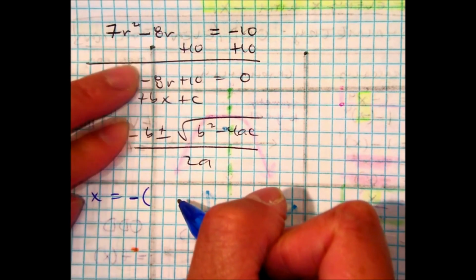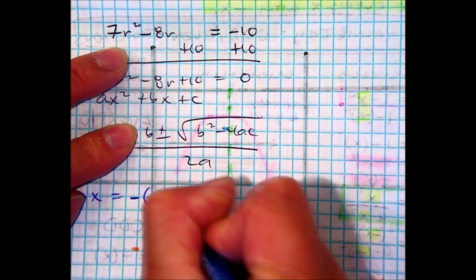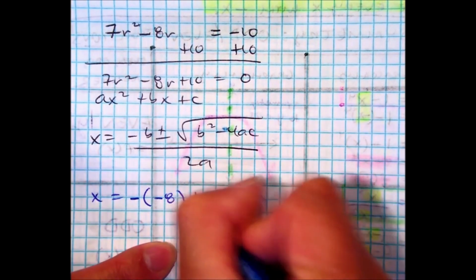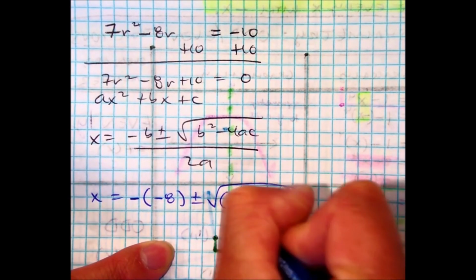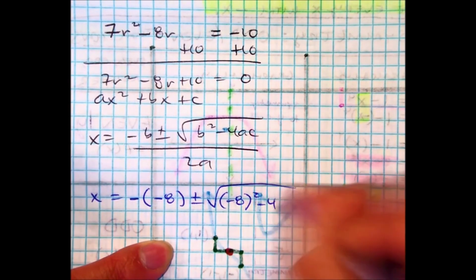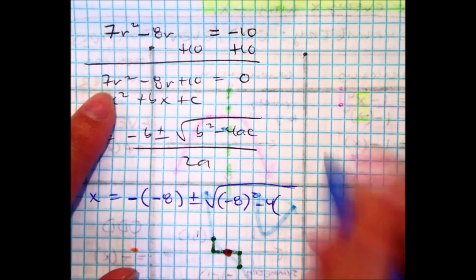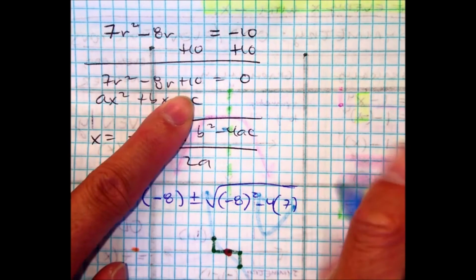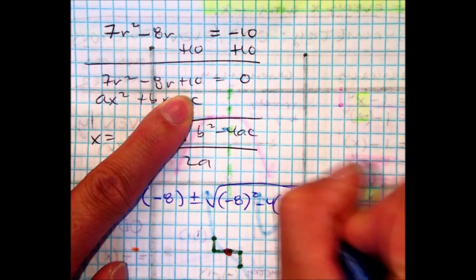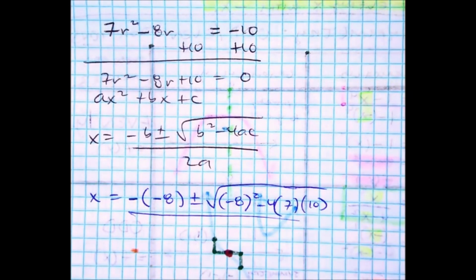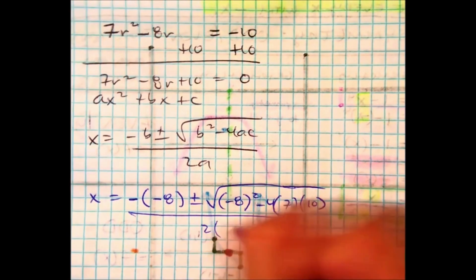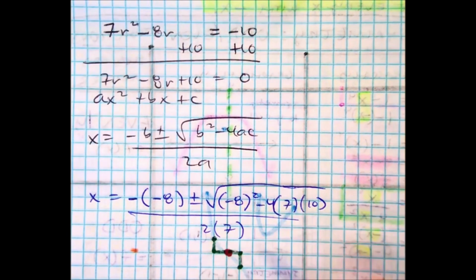Always use parentheses for substitution. That minus sign must be there outside of the b, plus or minus negative 8 in parentheses squared minus 4 times the a value, which is 7, and a c value that is 10, all over 2 times the a value, which is 7.